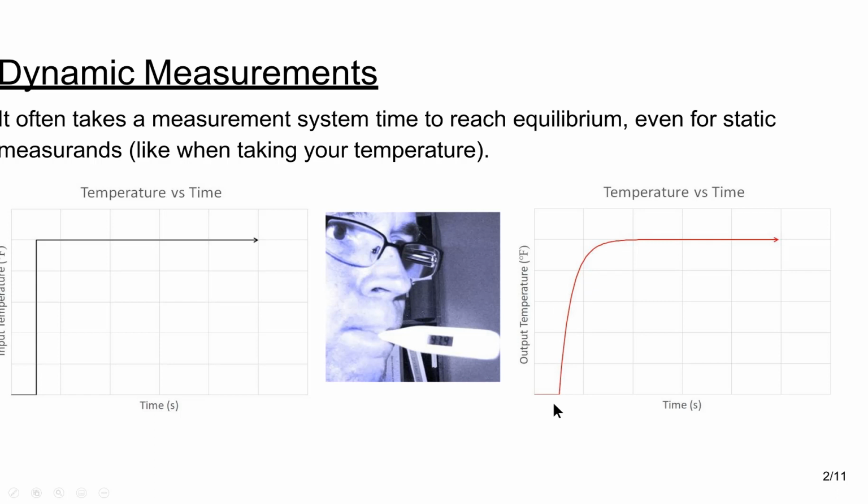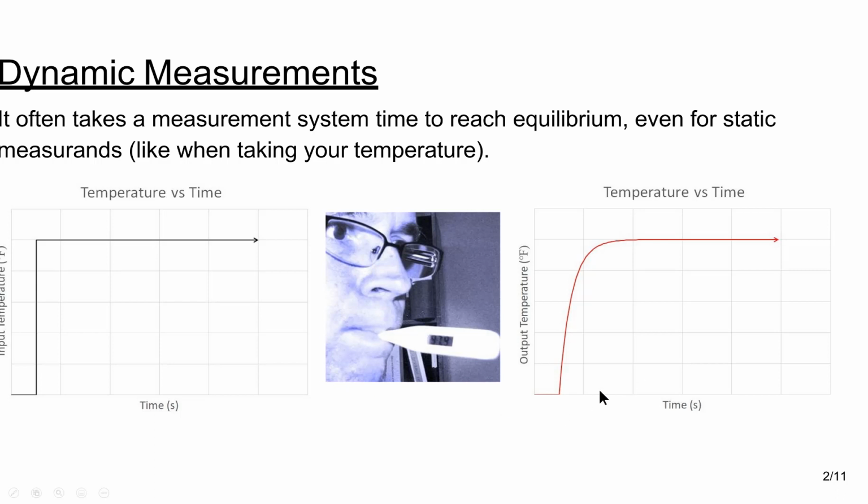And that's just going to be, anytime you're taking a measurement, there's going to be some amount of time to get from whatever the measurement state was before you tried to measure it to when you actually measure it. Depending on the type of thing you're doing, that can be really fast. Like, you can sample things really, really quickly.